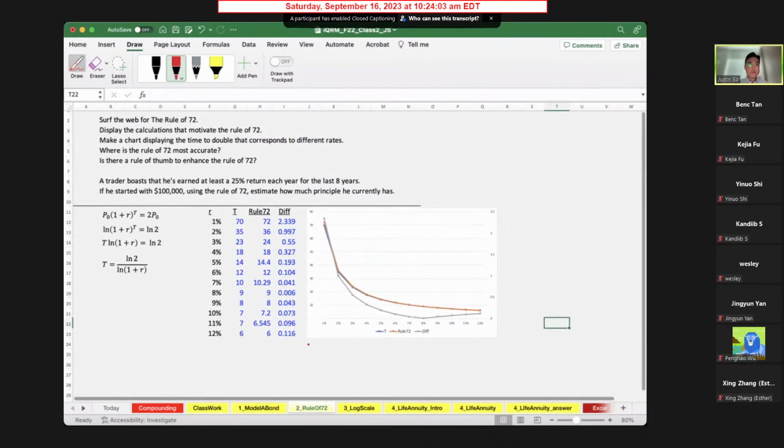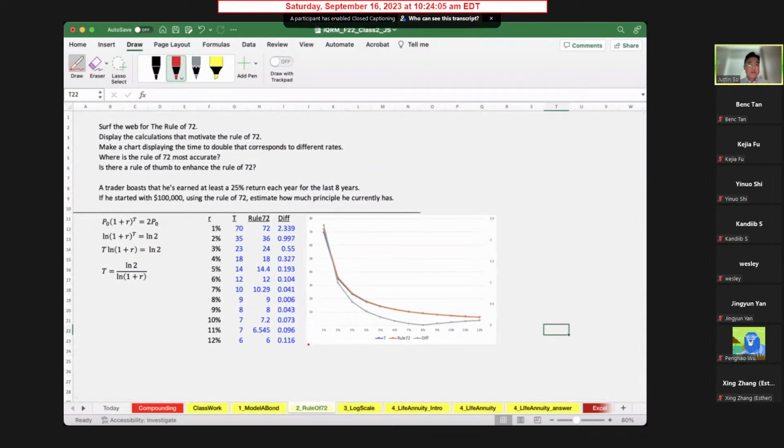Now, the rule of 72. It's just an interesting rule used in the industry. Usually you search the web by yourself. But the rule of 72 is about how many years it takes to double your investment.